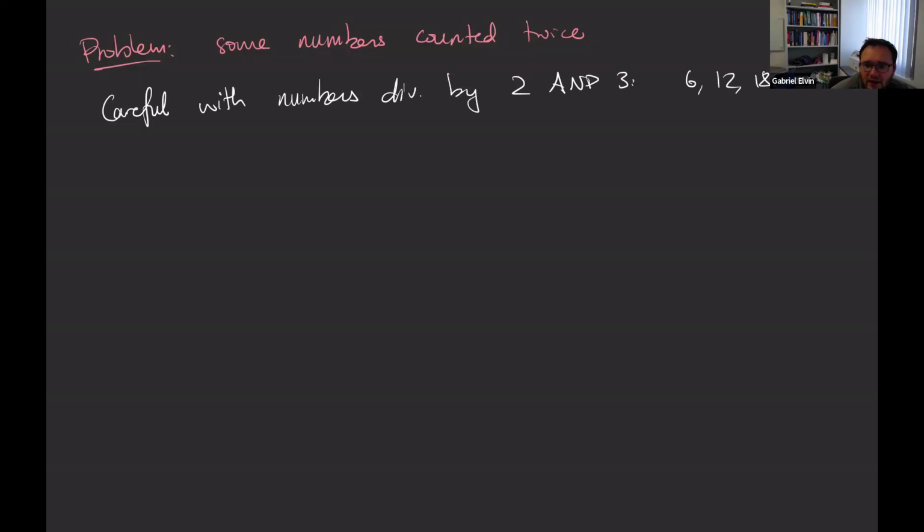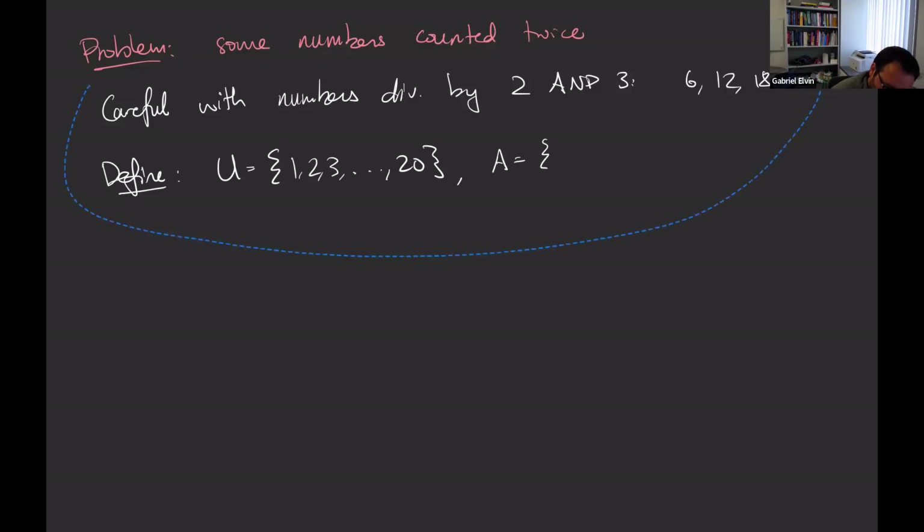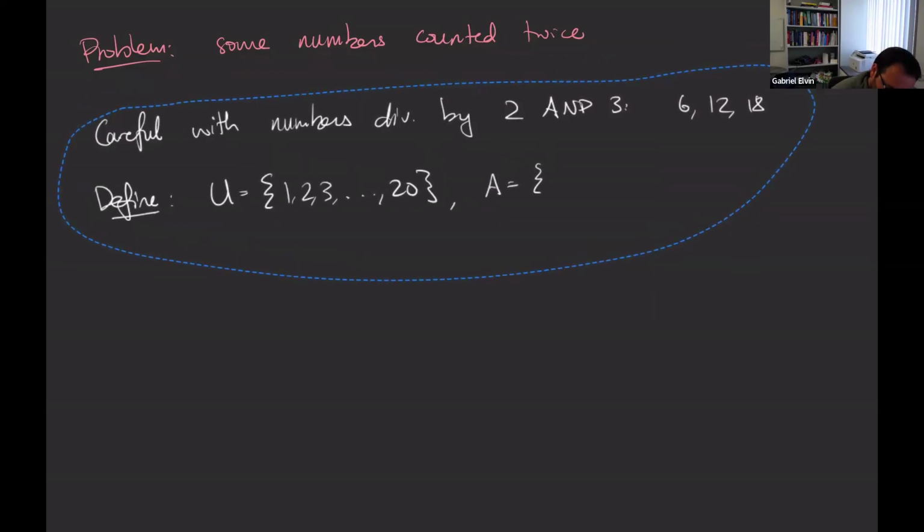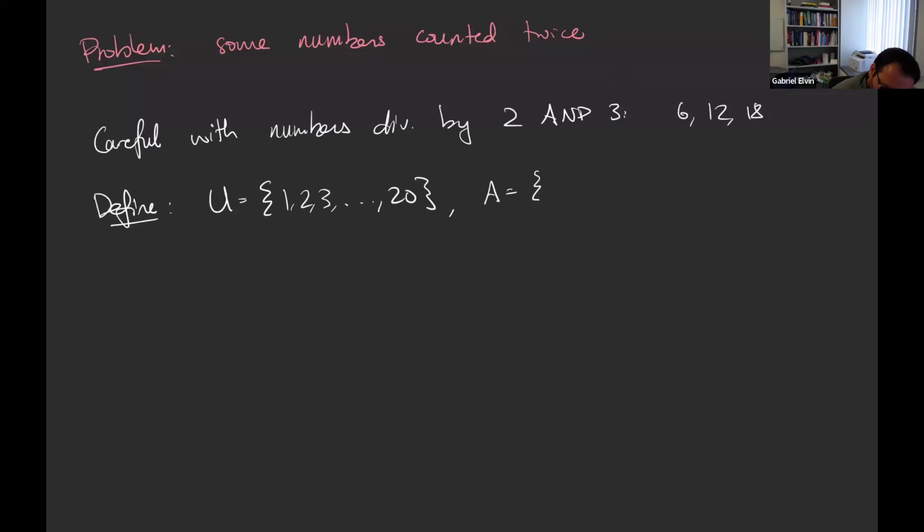And so if we put them all in a Venn diagram and think about this, I'll define some sets first. We'll have the universal set be all of the integers that we care about from 1 to 20. And then A will be the ones that are divisible by 2, so just the evens.